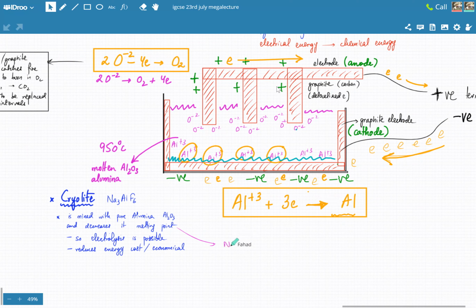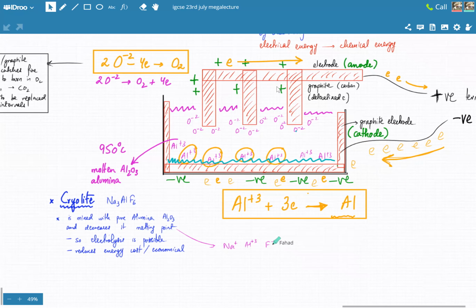Na3AlF6 has Na+ ions, aluminium ions, and fluoride ions. They combine to form Na3AlF6. So two of them are positive ions, one of them is negative ions.